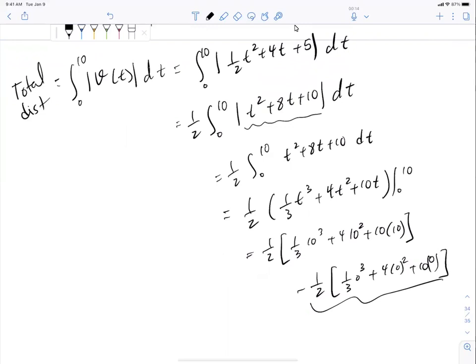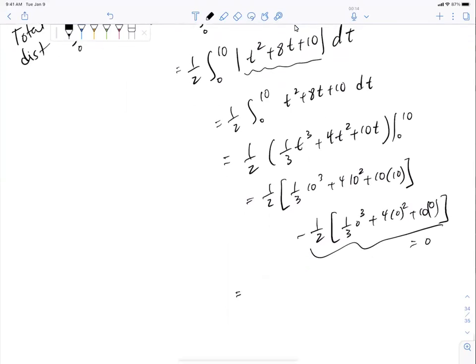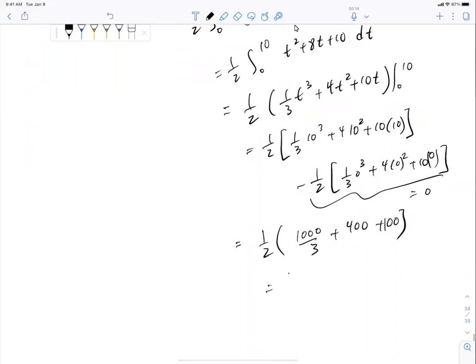Of course, this part is all 0. For the top, I have 1/2 times 1,000/3 plus 400 plus 100, which is 1/2 times 2,500, which is 1250 over 3, whatever the units are here, in this case, meters.